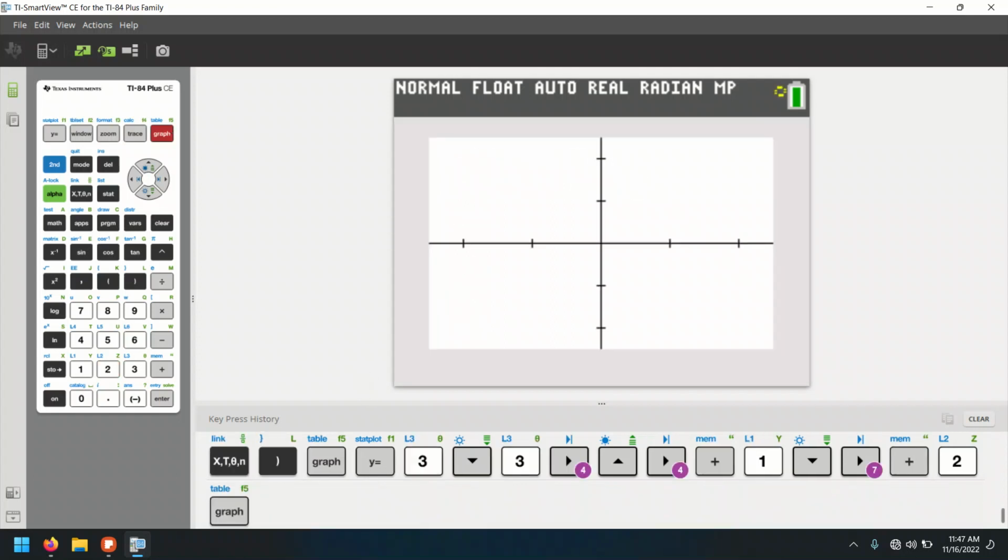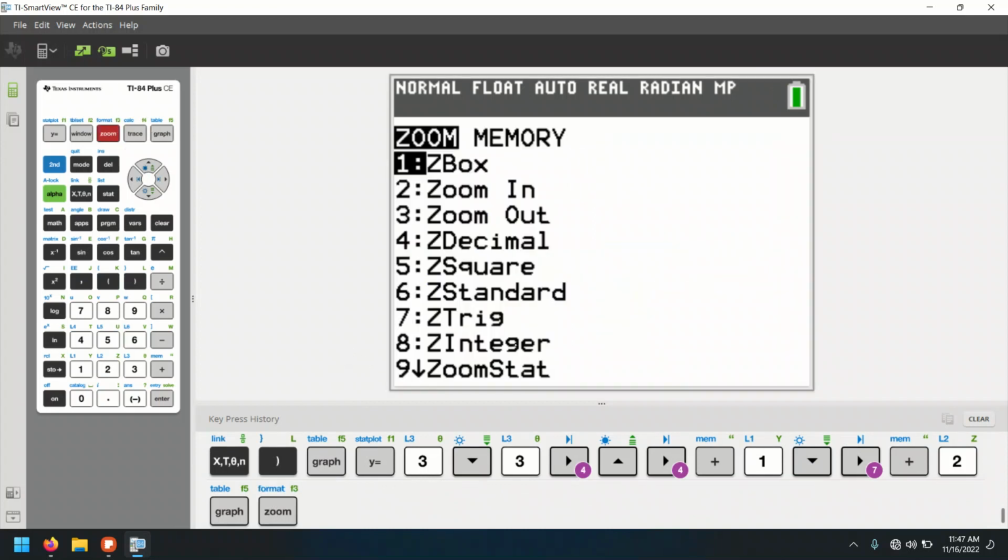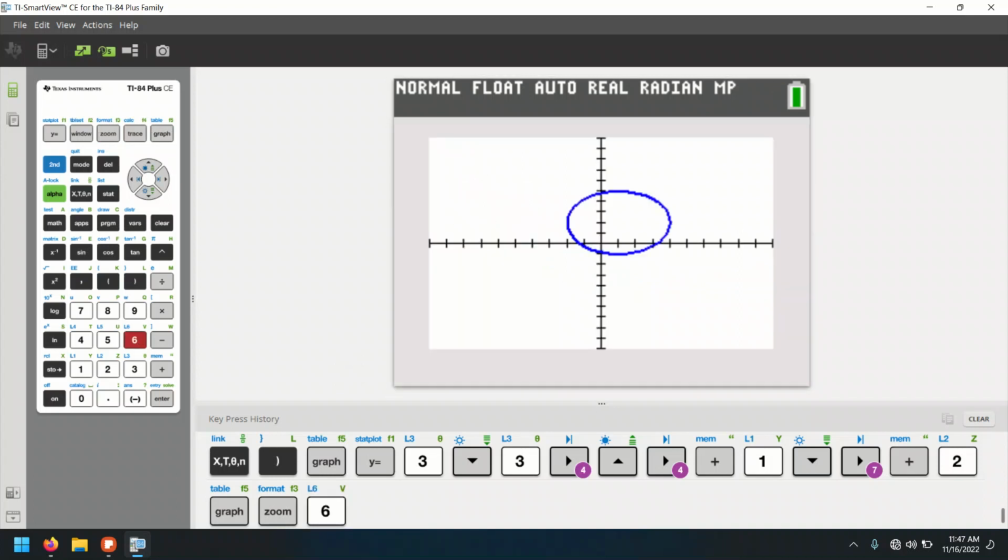Let's see. Well, I need to fix the window here so we can see the whole thing. So zoom standard, and that certainly looks like a circle having the center at the point (1, 2) and the other bits that we just discussed about it. All right.